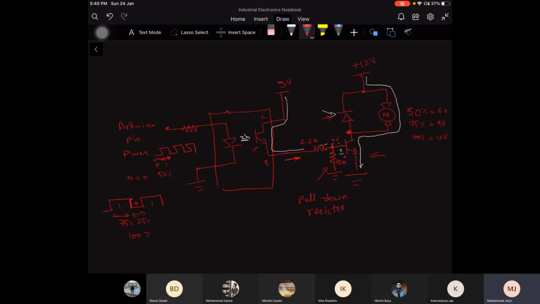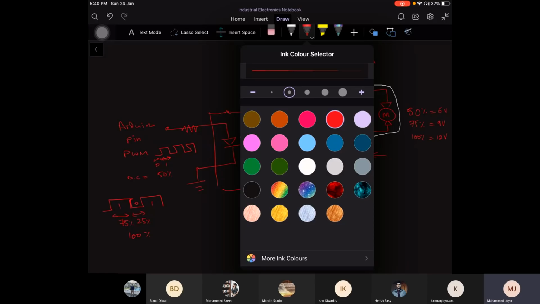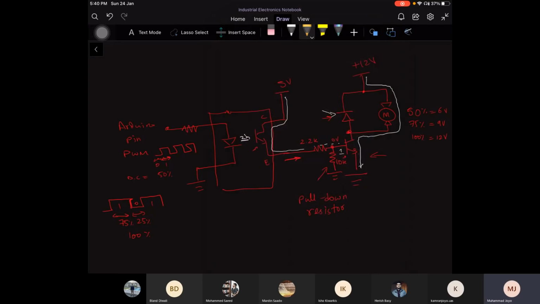This is the extra voltage generated by the motor itself. When it happens, it is very dangerous for this transistor.